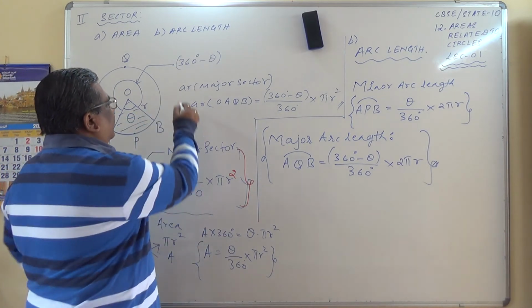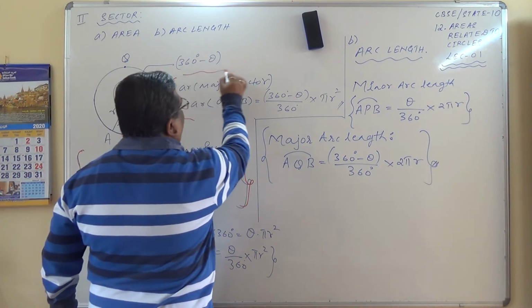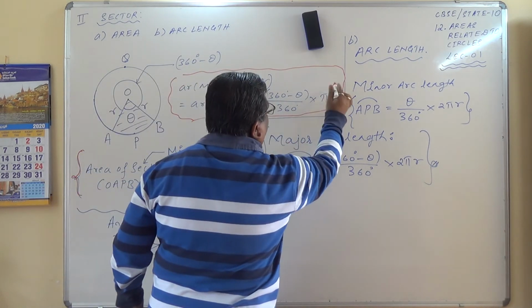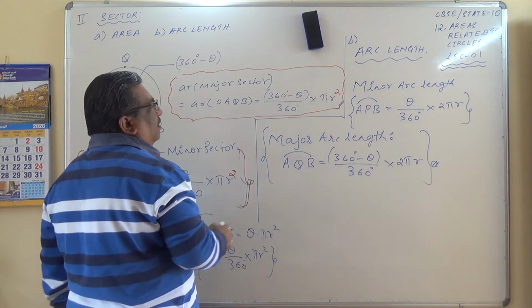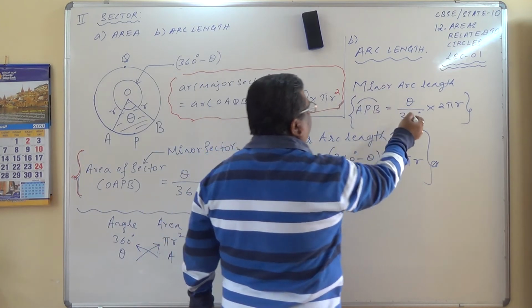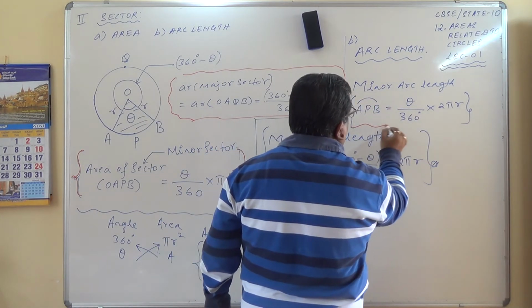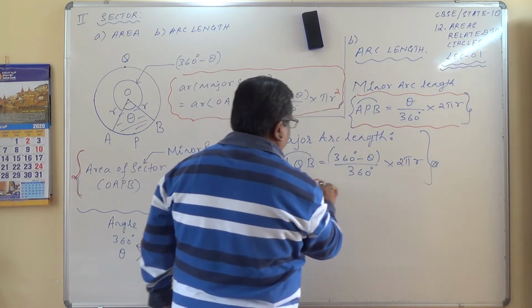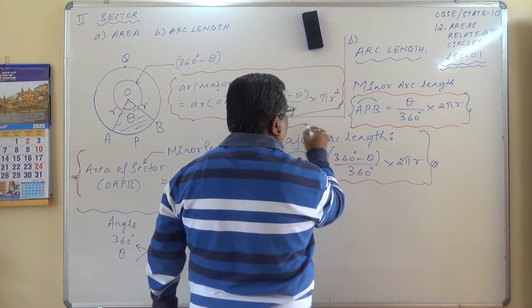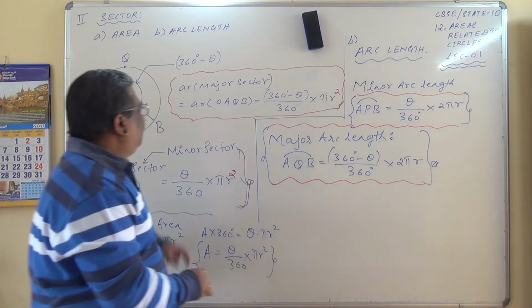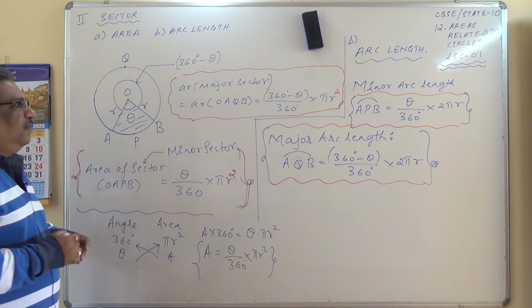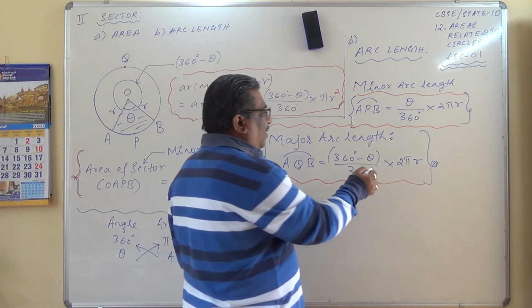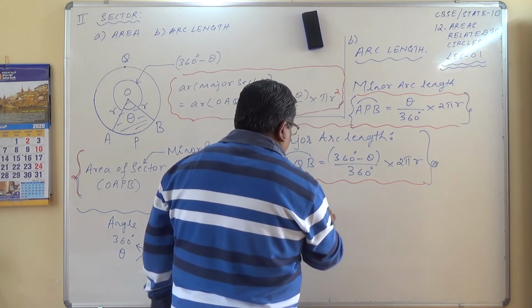Area of the major sector, here also this is r square, and arc length, this one is minor arc length and this one is major arc length. So these are the four formulae which you need to note down. 1, 2, 3, 4.